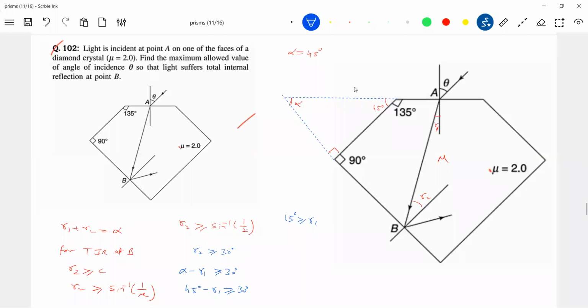Okay, R2 I should bring, no? So yeah, fine. So this will be sine of 15 degrees sine R1. Sine 15 degrees, I'll keep it as it is. R1, I'll write it as alpha minus R2. Sine alpha cos R2 minus.